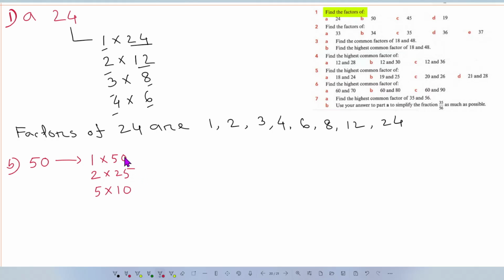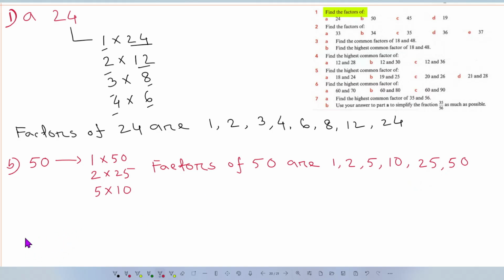So 25 and 50. So the factors of 50 are 1, 2, 5, 10, 25 and 50. Right?